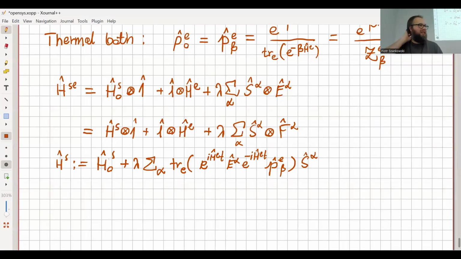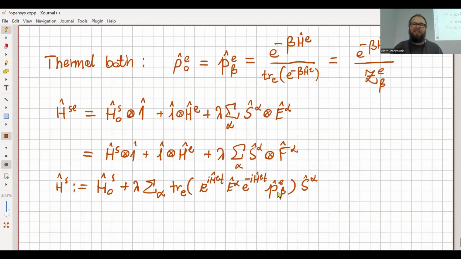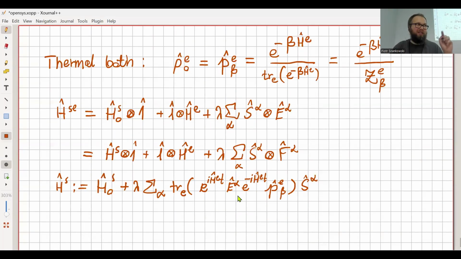But because we assume here a thermal initial state, rho commutes with H_E, which makes this correction to this average a constant. So this simplifies automatically to plus lambda sum over alpha of the trace over E of E_alpha rho_E(beta) times S_alpha.